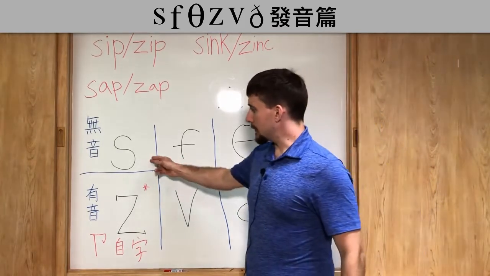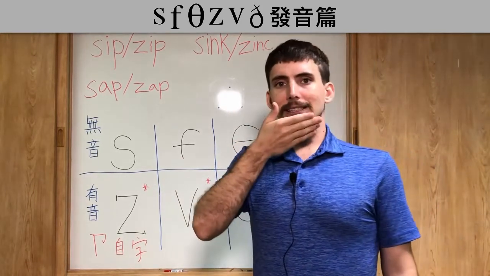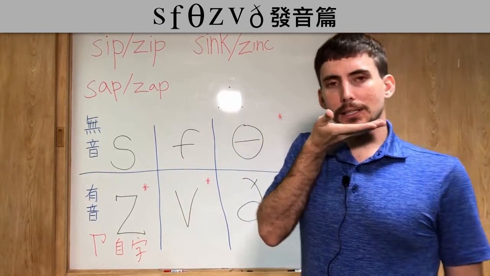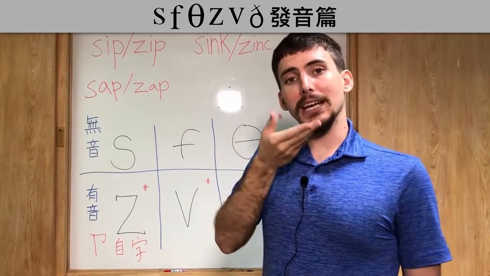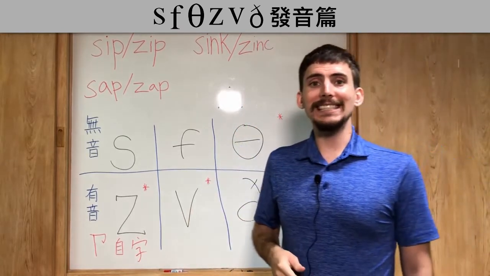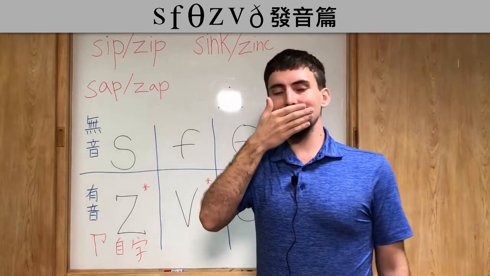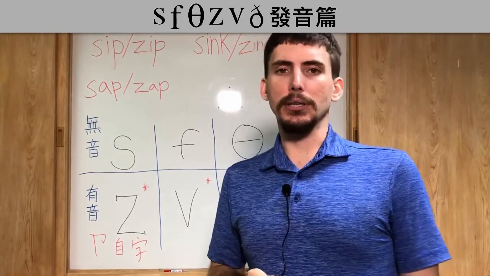You can feel the difference between S and Z by using your hand. S, S, S, S. You'll notice when you say S, the air comes down a little bit. S, S. When you say Z, Z, there's not as much air. 当然有一点点, but not like S.